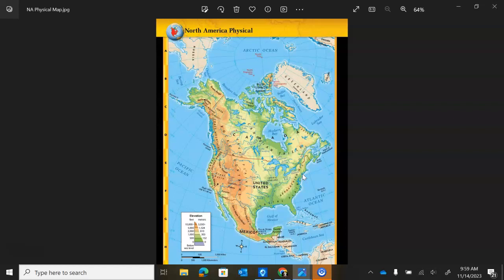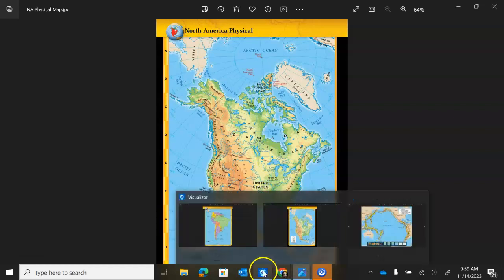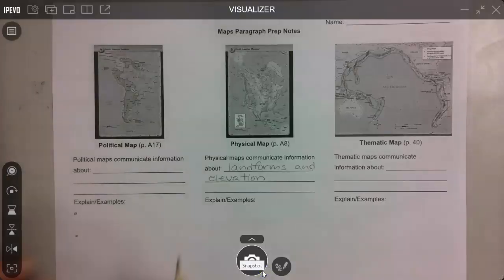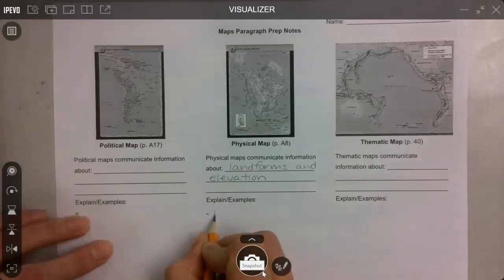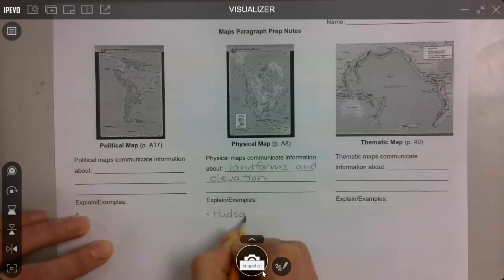Look over the map and find some different landforms that you can use as examples to explain to your reader what kinds of things are found on a physical map. So pick a few, go back here, and then some examples would be, like I said, the Hudson Bay.